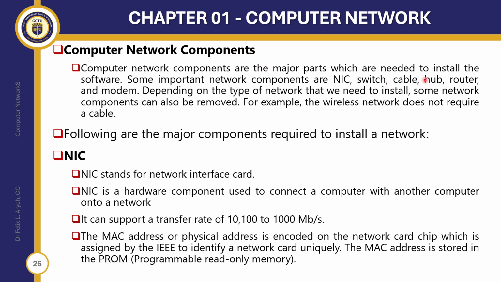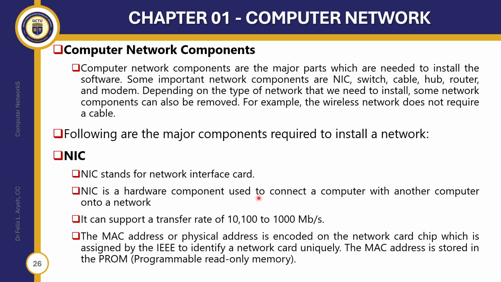These are things that you would possibly be employing in setting up a computer network. These are the components that you need. Following the major components required to install the network, there's the network interface card, as I talked about.